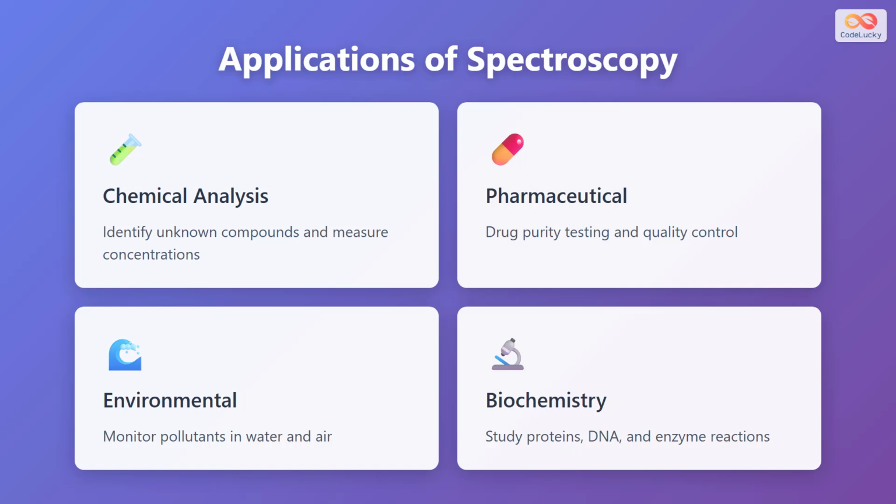Environmental scientists use spectroscopy to monitor pollutants in water and air, helping protect ecosystems and public health. In biochemistry and molecular biology, spectroscopy is essential for studying proteins, DNA, and enzyme reactions. These are just a few examples of how this versatile technique impacts our daily lives.